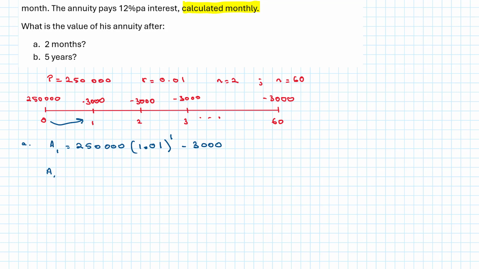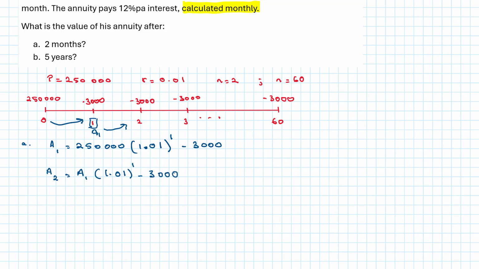I'm now going to work out A2. When I get to the end of the first month, in my account there is no longer $250,000. In my account, there is A1. And that A1 is now going to accumulate interest. So just like home loan repayments, I have A1 being multiplied by 1.01 for 1 month, and then I withdraw $3,000.